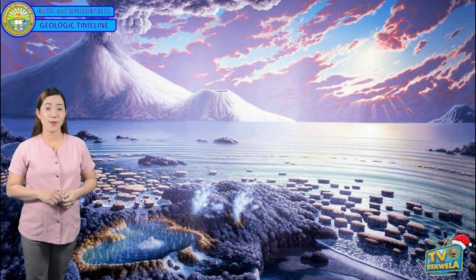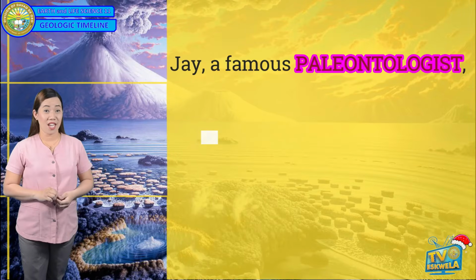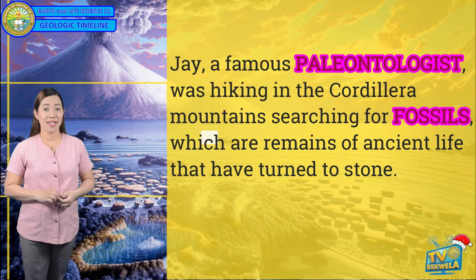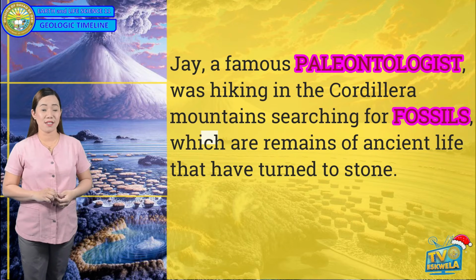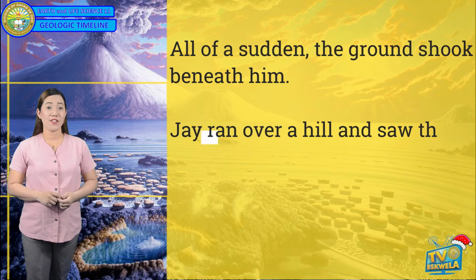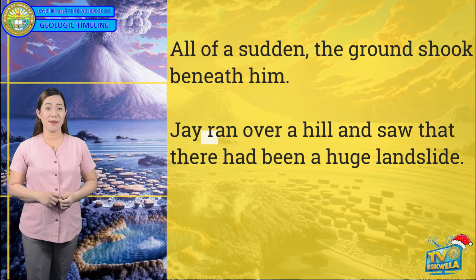Let us now try to see if your answers are correct. Jay, a famous paleontologist, was hiking in the Cordillera Mountains, searching for fossils which are remains of ancient life that have turned to stone. All of a sudden, the ground shook beneath him.